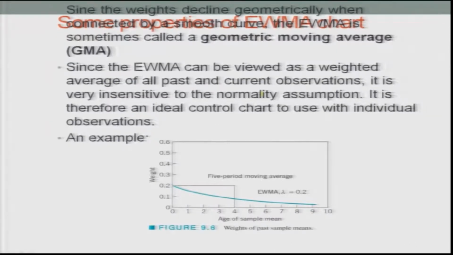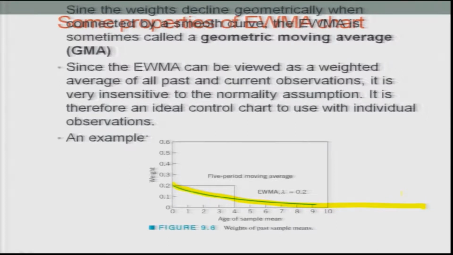Since the weights decline geometrically when connected by a smooth curve, the exponential moving average is sometimes called the geometric moving average. What it basically means is that if I join the overall curve, it falls smoothly as an exponential curve.